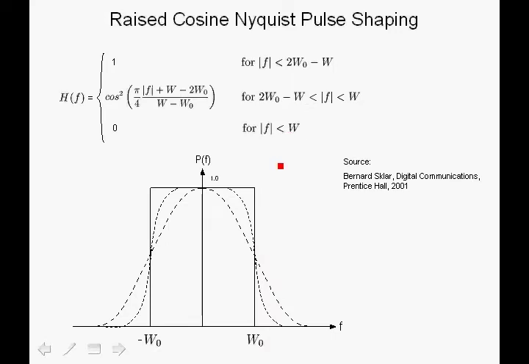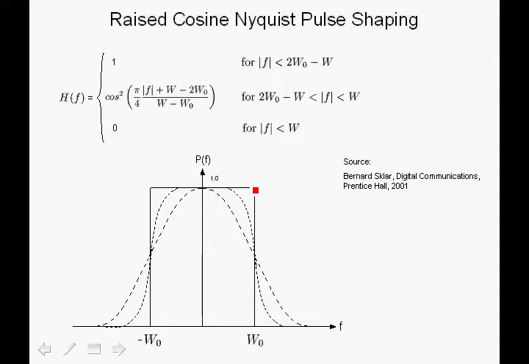Now, as we mentioned before, the problem with the sinc function is that although we meet the requirement that the signal is band limited, it is unlimited in the time domain. Its extent goes out from minus infinity to infinity, actually, and the side lobes die out very slowly.